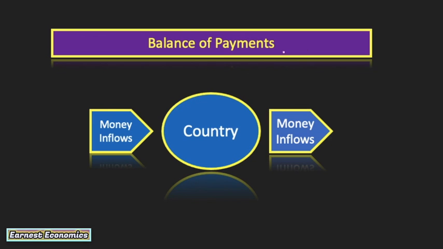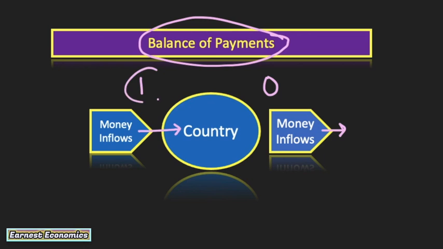The final point that we need to keep in mind is the concept of balance of payments. Now, what is the balance of payments? Money flows into a country and money flows out of a country.